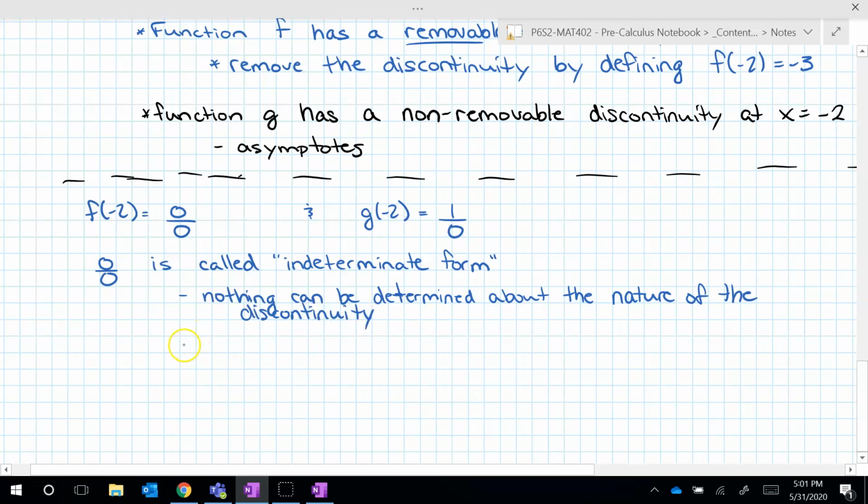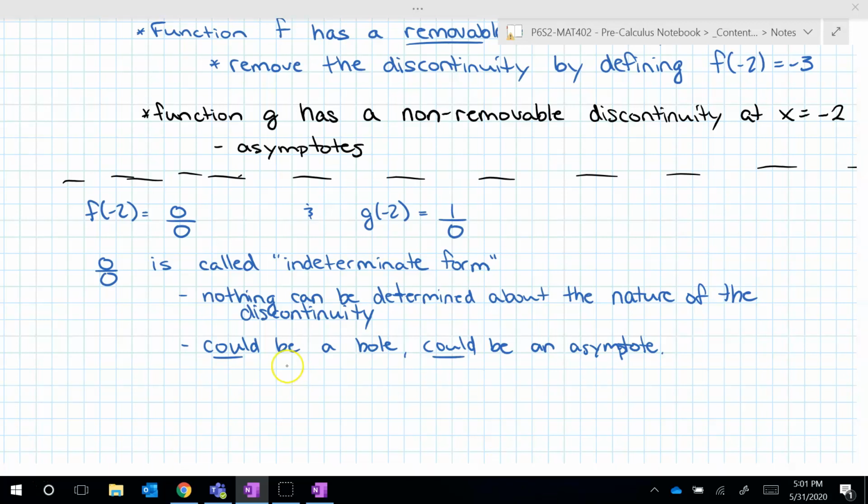It could be one of those holes that we saw in this example here. It also could be an asymptote. There's really not enough information in just this to know one way or the other, right?